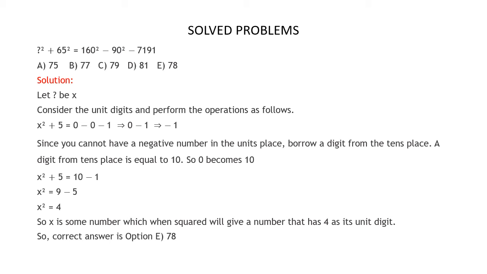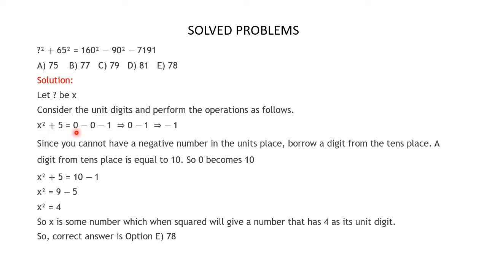Here the unit digit is 0. So 0 squared is 0. So the unit digit of 90 squared is 0. So now we have the equation as x squared plus 5 is equal to 0 minus 0 minus 1. The unit digit of 7191 is 1. So we have taken 1 here.